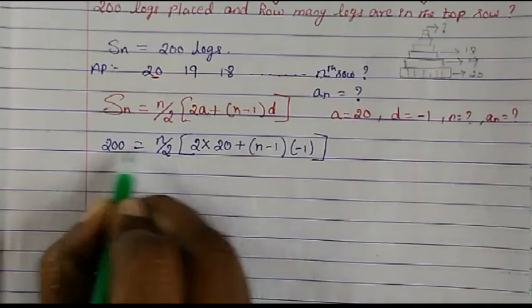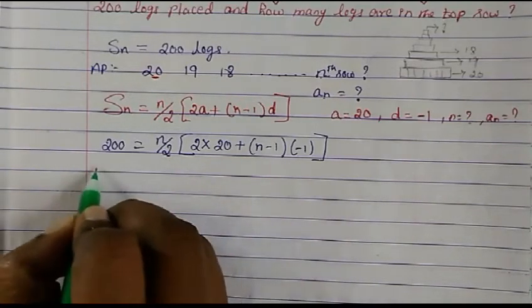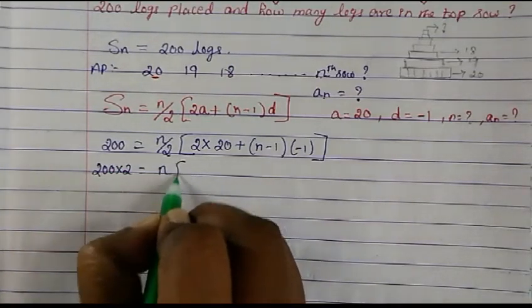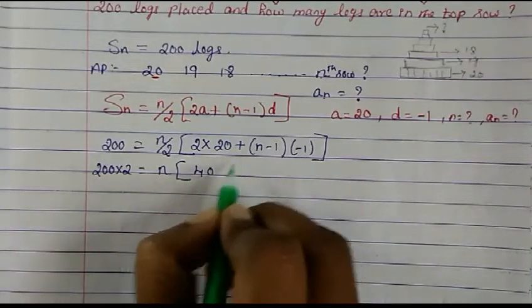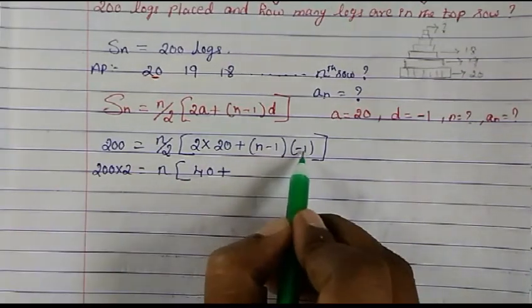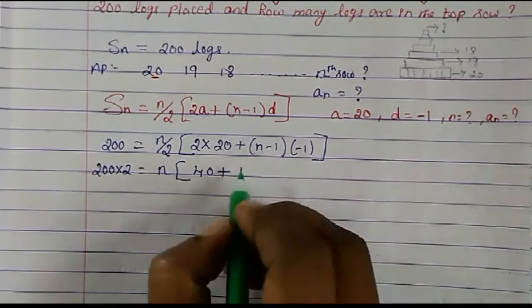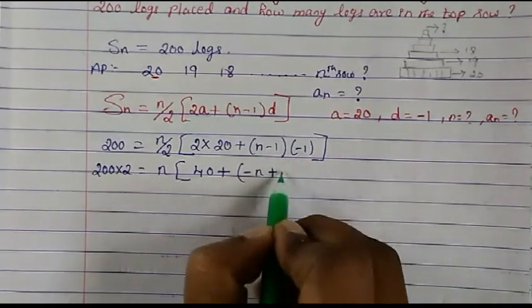Now this 2 we can bring to this side because it is in division; when it comes here it becomes multiplication. So we have n here, then 2 20s will give 40 plus, now multiply this with minus 1: n into minus 1 gives minus n, minus into minus is plus, 1 into 1 gives 1.